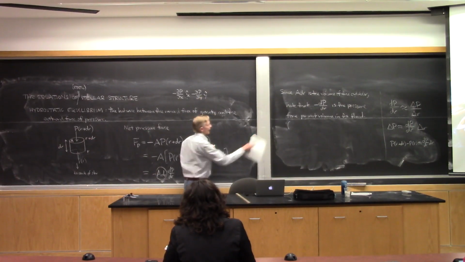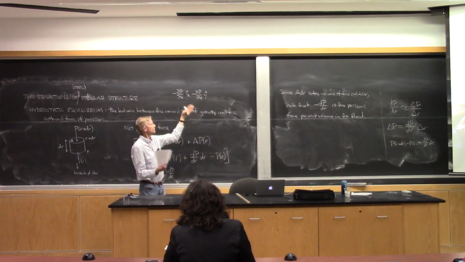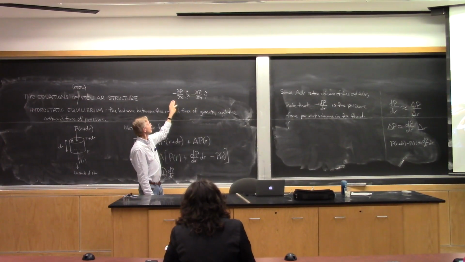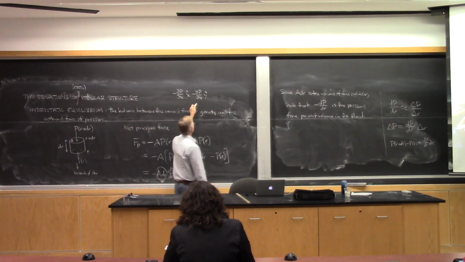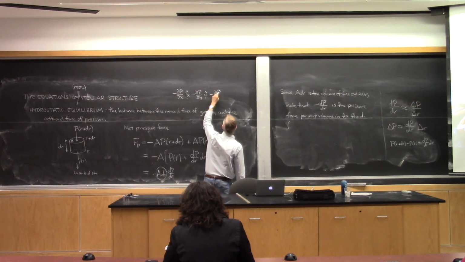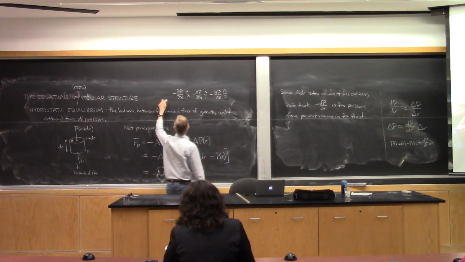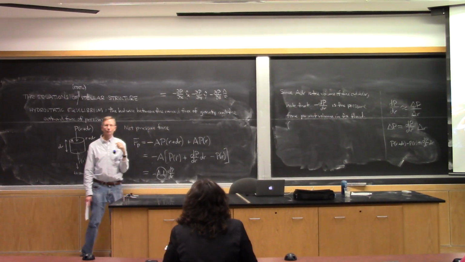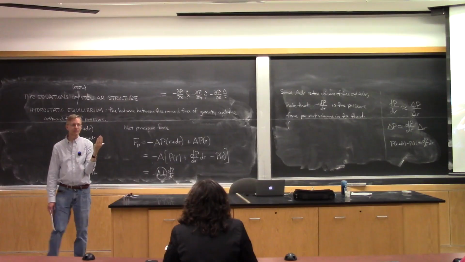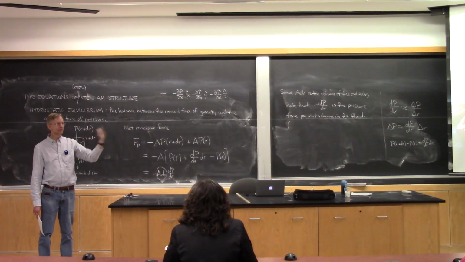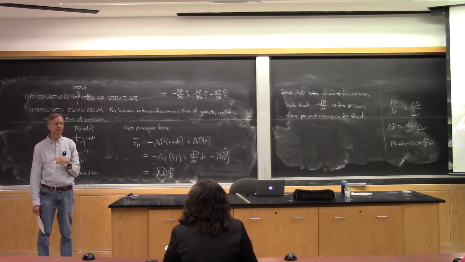I mean, here it's r hat. We're in spherical coordinates, but let me just be in Cartesian coordinates for a minute. Minus dP/dx x hat, minus dP/dy y hat, minus dP/dz z hat. What do you call that beast? What is the vector whose components are the 3 derivatives of some scalar with respect to the 3 coordinate directions? That's the gradient, right?